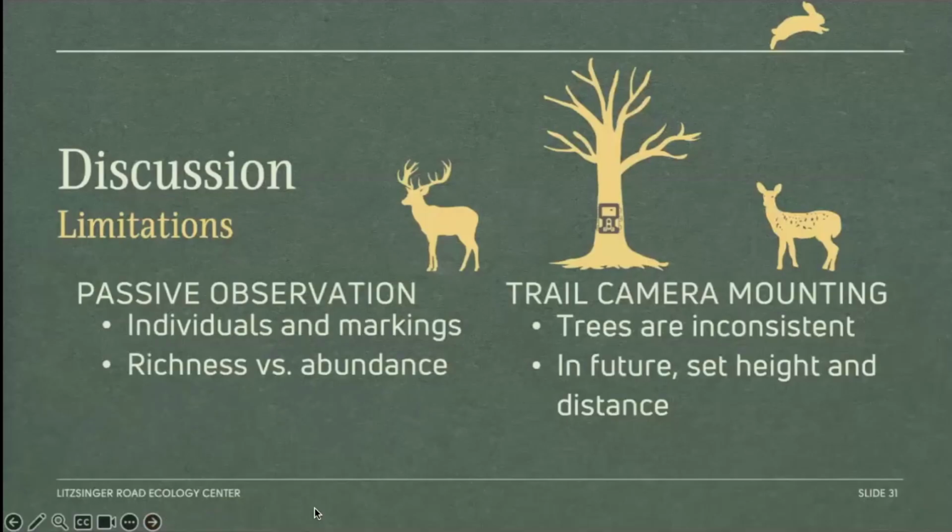And there are some limitations of the study, as all good studies have. The first is that, as I mentioned before, this is a species richness study, not a species abundance study. And you aren't able to tell species abundance through trail cameras. Even though you're able to look at it and say, oh, this looks like that baby deer I saw earlier, there's no way of guaranteeing.